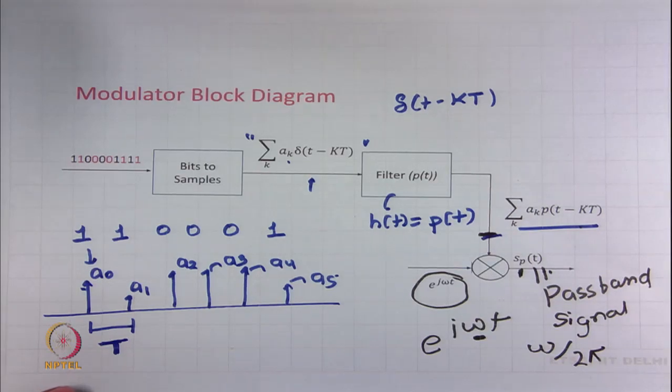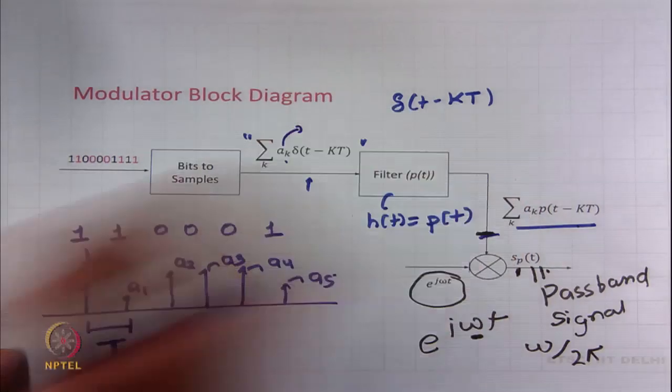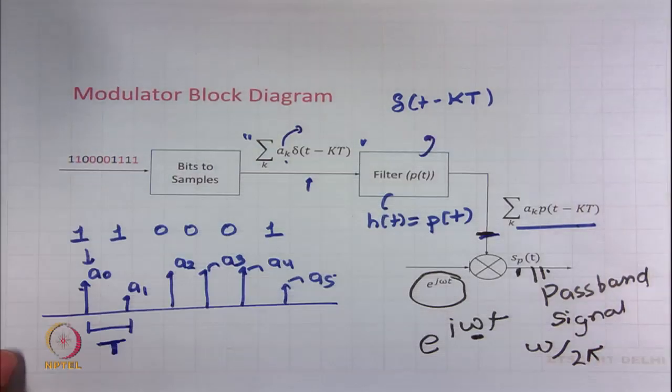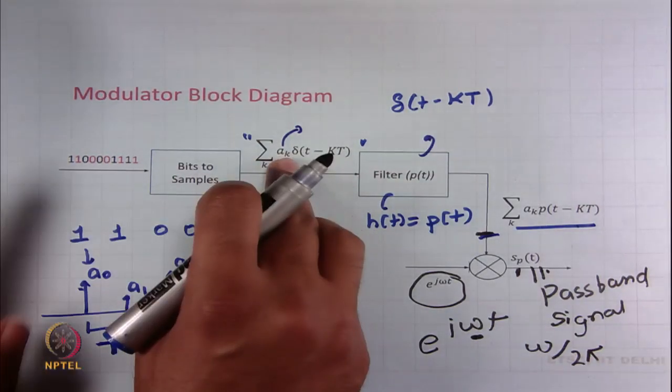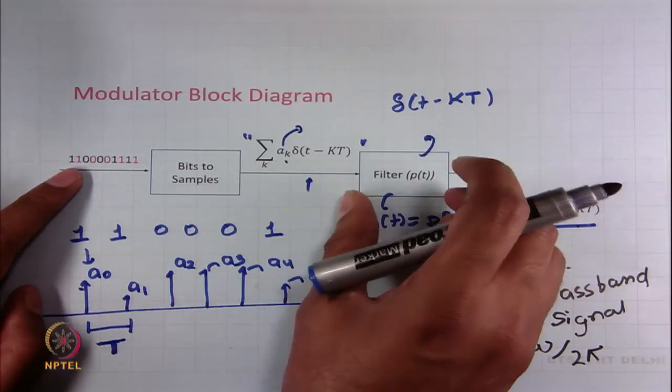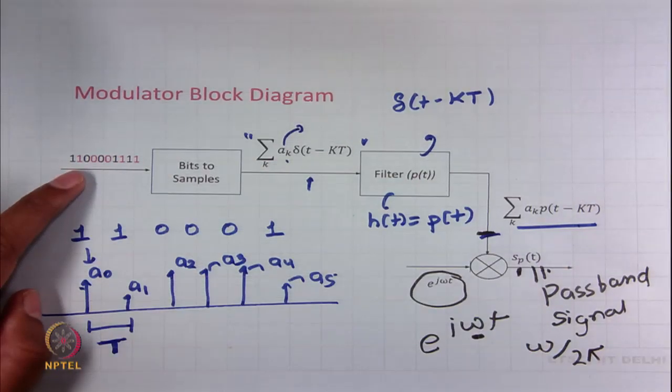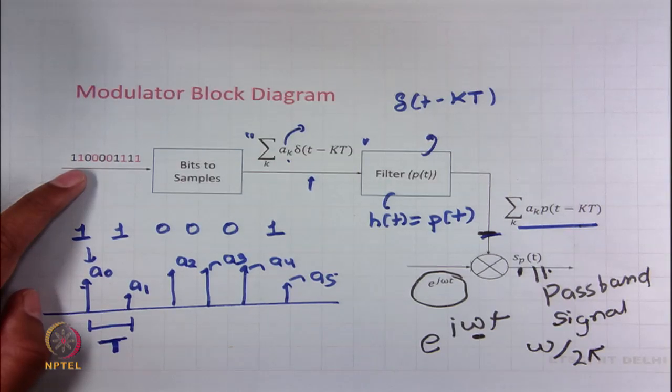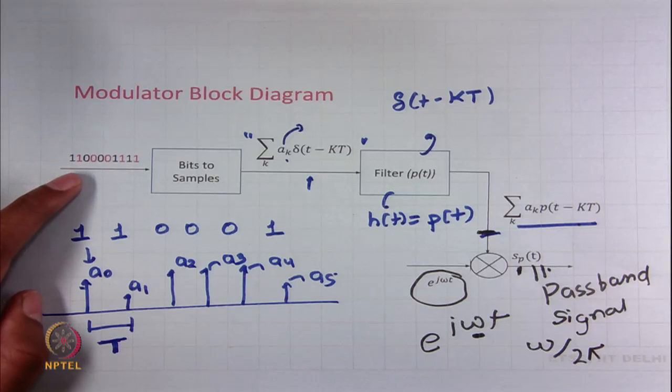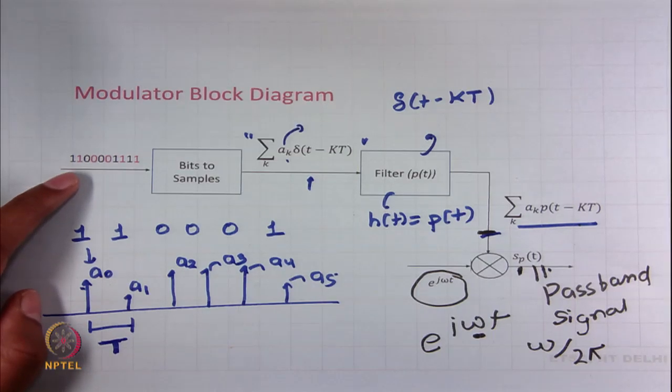So, the first thing that we will start investigating today is the influence of this AKs and this PT on the bandwidth occupancy of the modulation scheme. That means, how you choose the weights for this binary sequence and how you choose the impulse response of the filter.